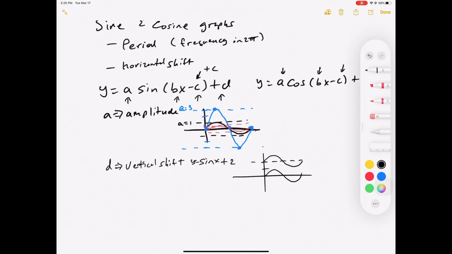If it was y is equal to sine of x minus 2, 1, 2, it would be down here. It's the same graph. If A, B, and C remain constant and only D changes, that means it goes up and down. It's a vertical shift.